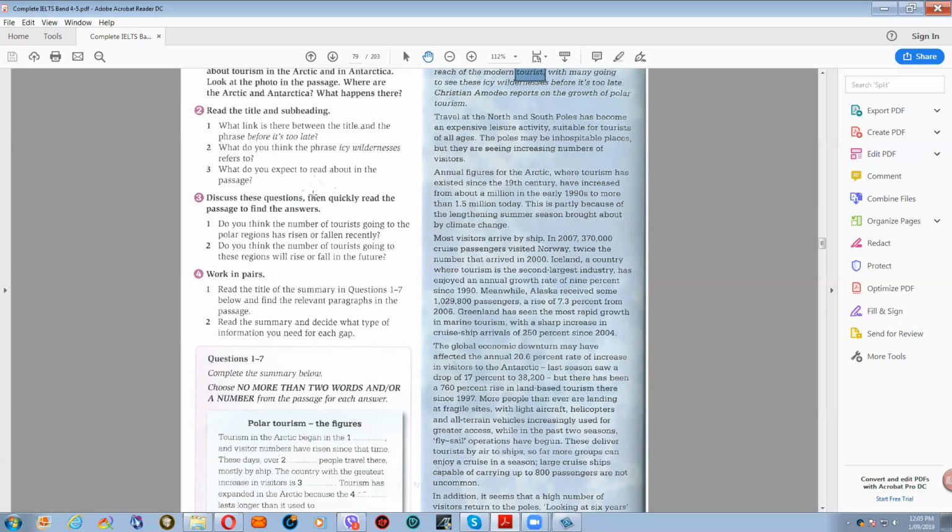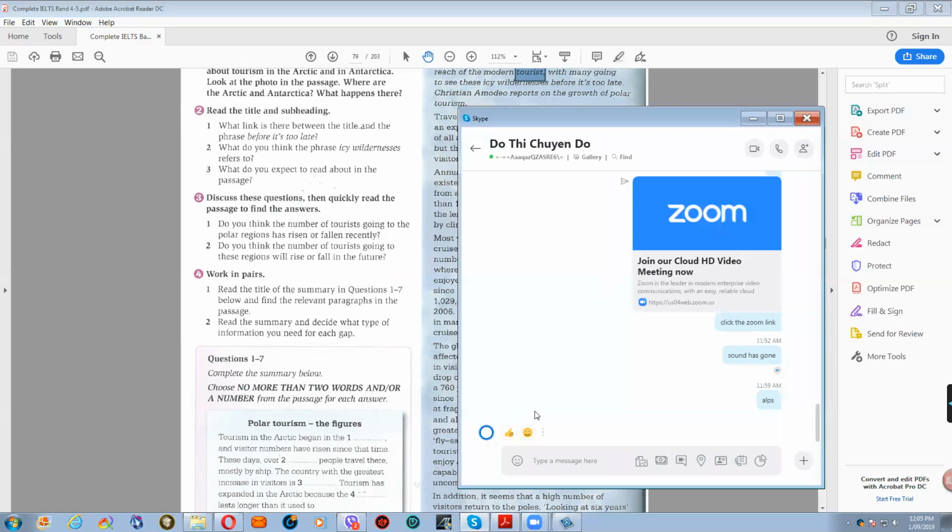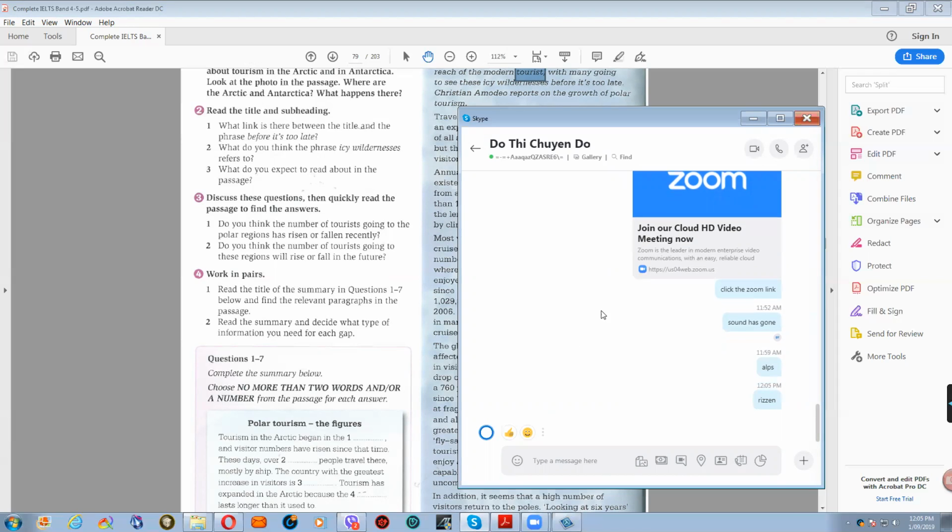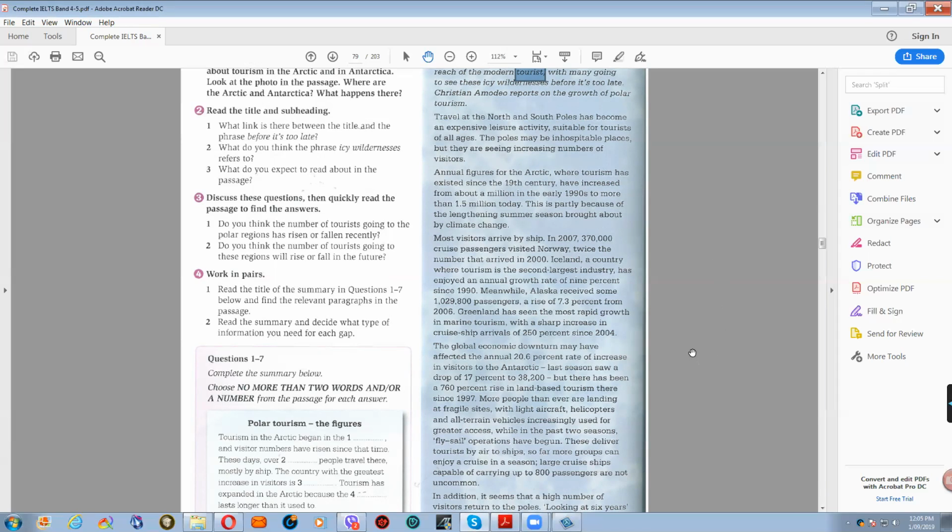Has risen, I guess, recently. Risen, not rising. Yes, it has. Do you think the number of tourists going to these regions will rise or fall in the future?